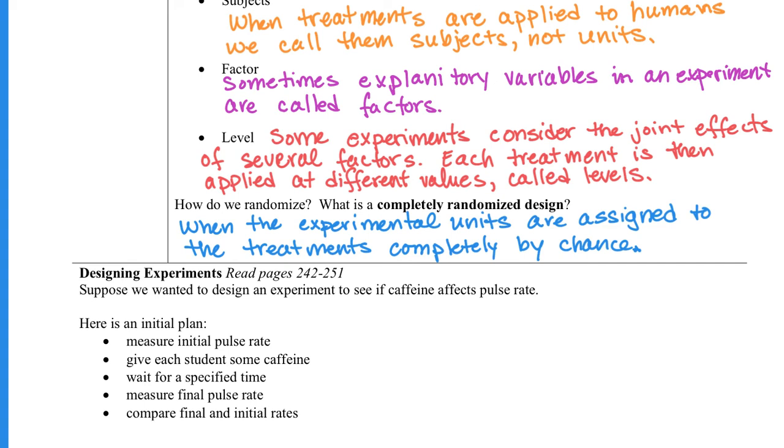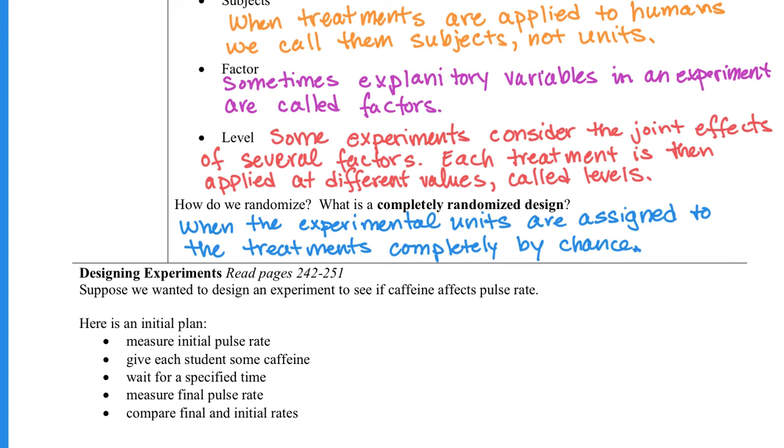So we might decide that one group in my experiment is going to receive a placebo. We'll learn what a placebo is if you haven't taken psychology. And some will receive the treatment. And I'm going to completely randomize. I'm just going to use some kind of randomization method to decide which group receives which treatment.